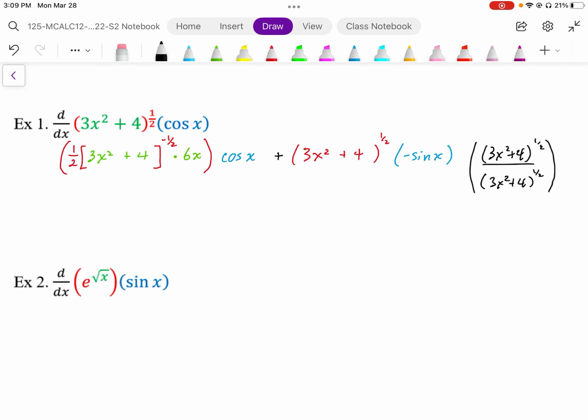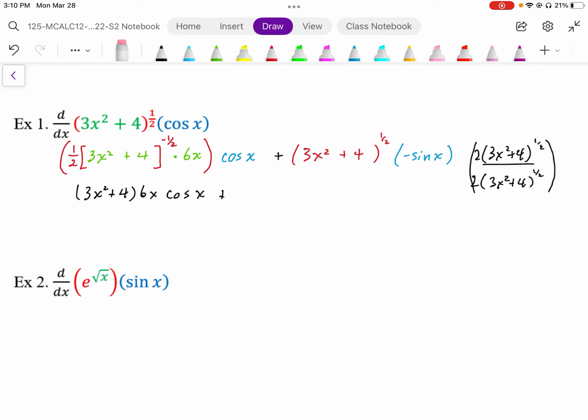So in fact, I'm going to have a 2 here, and so put that 2 in the denominator. So I'm going to end up with (3x squared plus 4) times 6x cosine x, plus, this is going to multiply out.